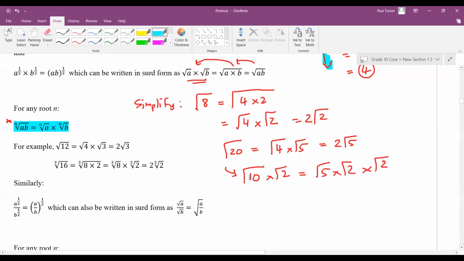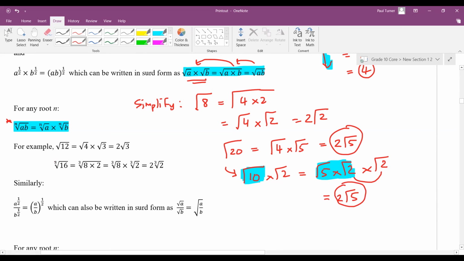So root 10 is root 5 times root 2 when you break it apart. But then you have root 2 times root 2, which is root 4, which is 2. So that would give you 2 root 5 anyway. Okay, same, like that.